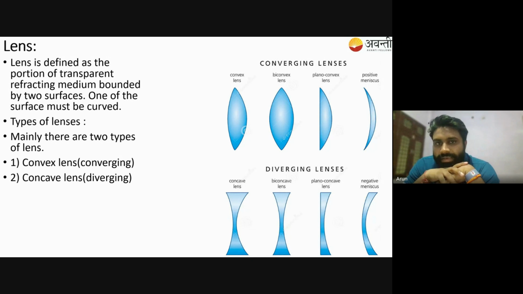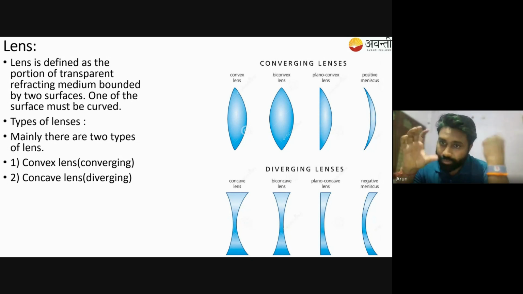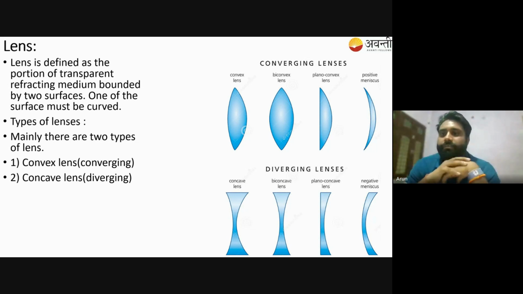It is not a random curve; this curve would be a part of a sphere. That would cause the lens.